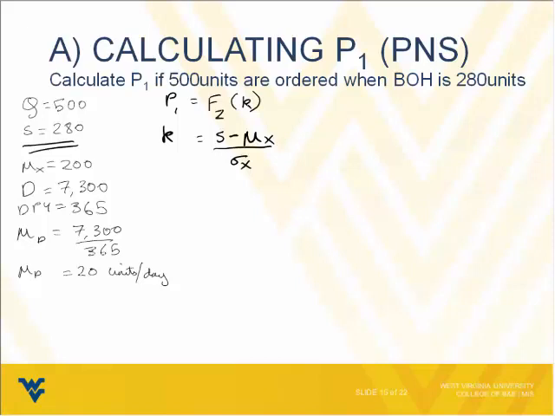So we have our average demand and we have our average lead time demand. So now we can calculate our average lead time, right? Because the average lead time demand is UD times UL.